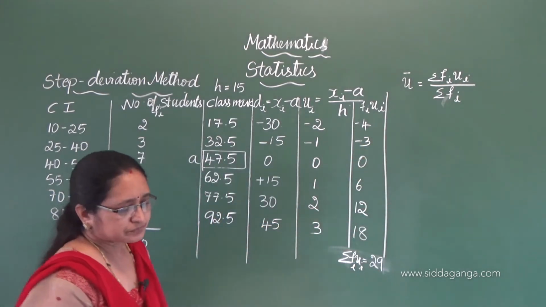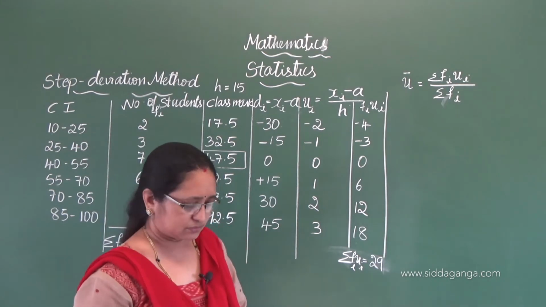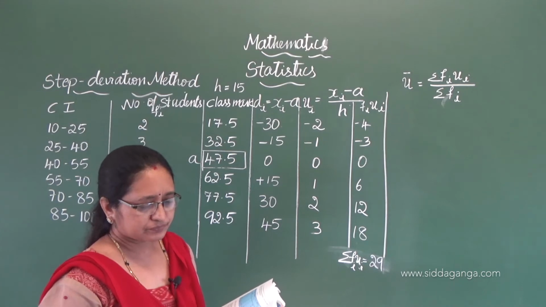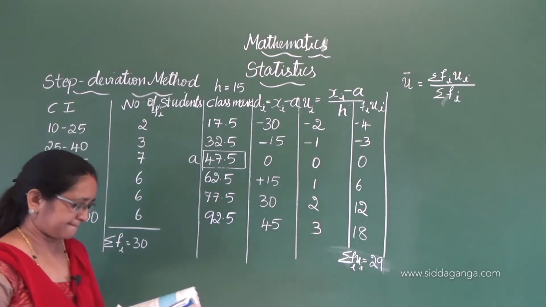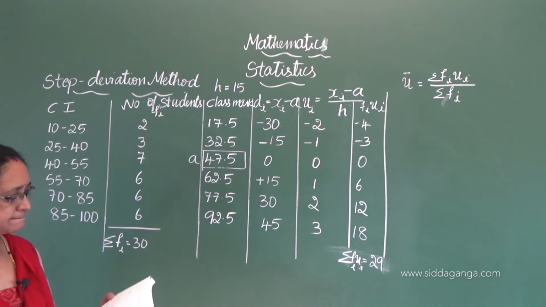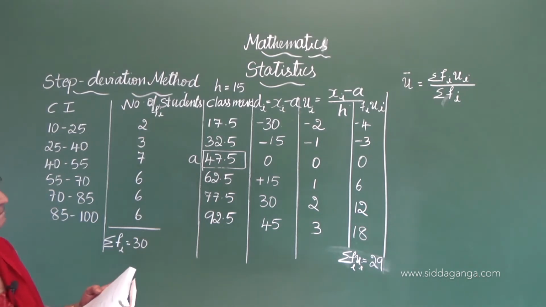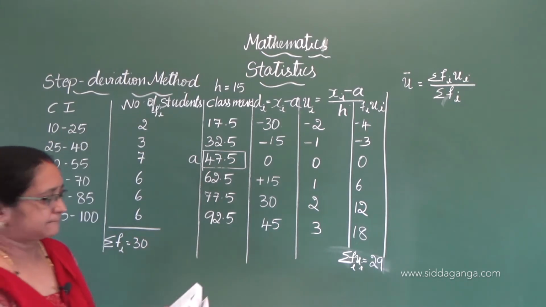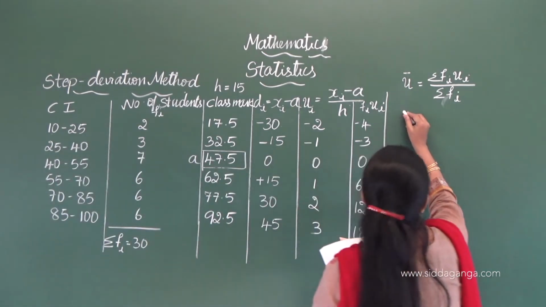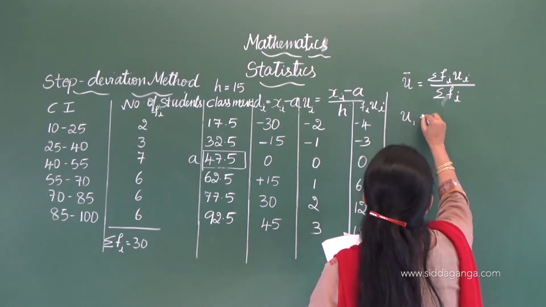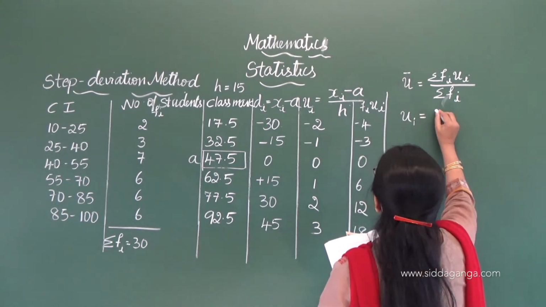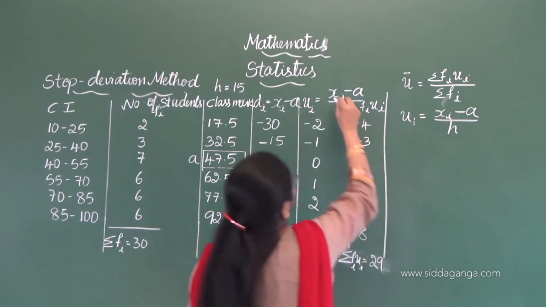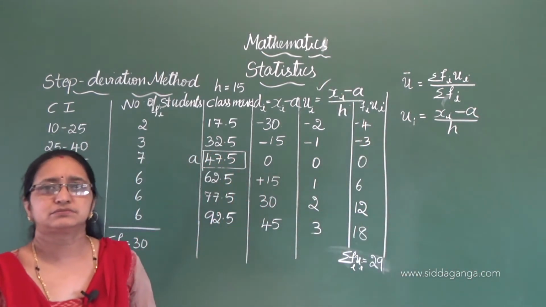Next step, you all know ui is equal to xi minus a divided by h. Observe this formula, correct?